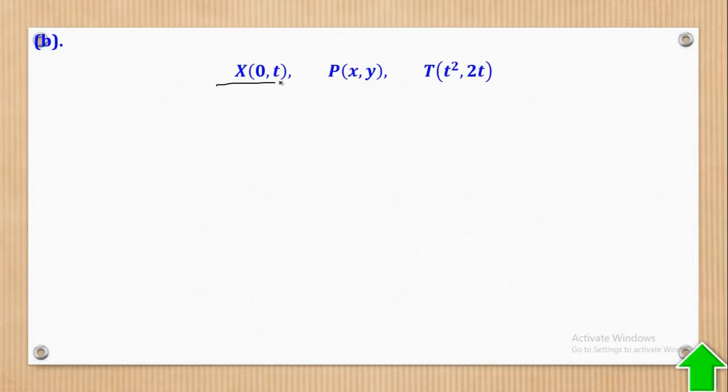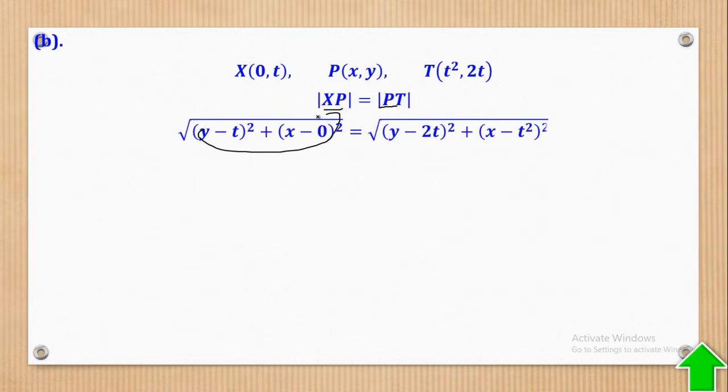So you come here and say that we have these 3 points, X, P, T. Therefore XP is equal to distance PT. So distance between X and P is this, between P and T is that.